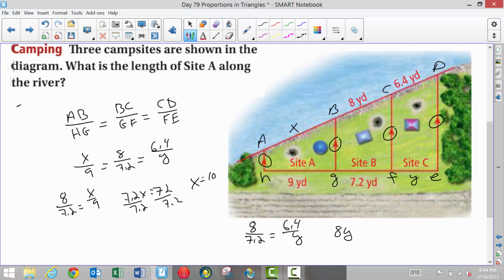So I have 8y equals 6.4 times 7.2, which is 46.08 divided by 8. And I get y is equal to 5.76.